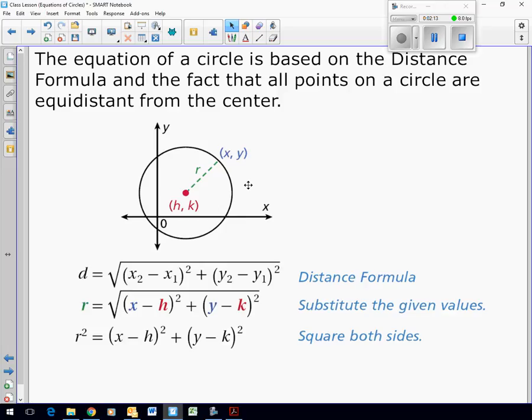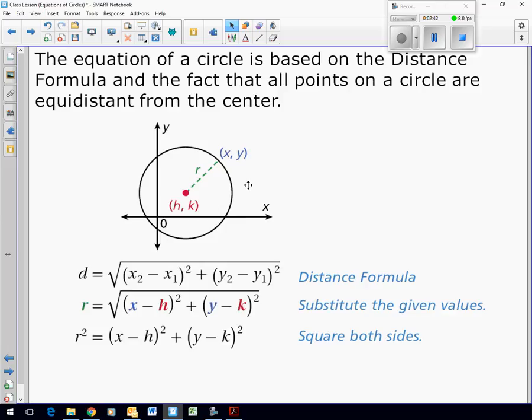And if I wanted to solve for the radius, I would get rid of the square root by squaring both sides of my equation. And that leaves me with this. R squared equals x1, or x, minus h squared plus y1, or y, minus k squared.